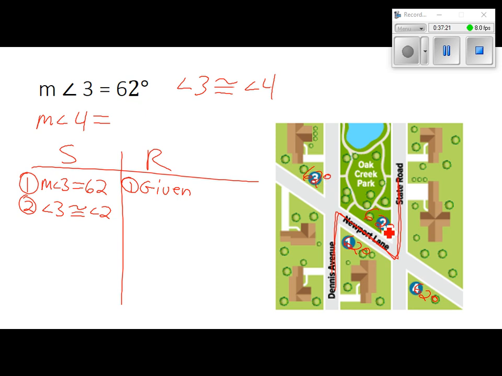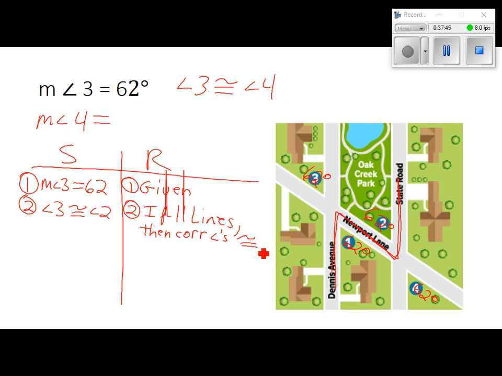They are corresponding angles. And what we would write over here is, if you have parallel lines, those 4 theorems that we just wrote down a few minutes ago, if parallel lines, then what do you know about corresponding angles? They're congruent. So you would write that.